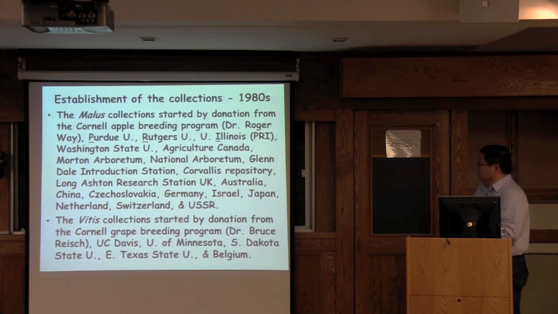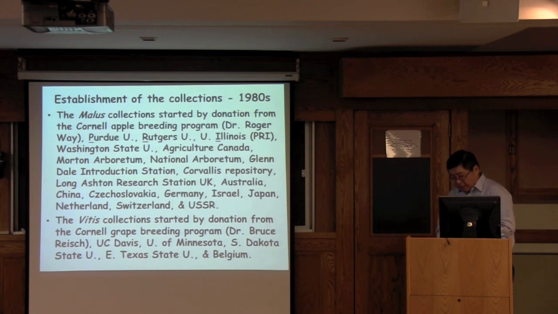For the Vitis collection, we started with donations from the Cornell grape breeding program. At that time it was Dr. Reisch, who is still in charge of the program. We also got additional material from UC Davis, University of Minnesota, South Dakota, and several other places.